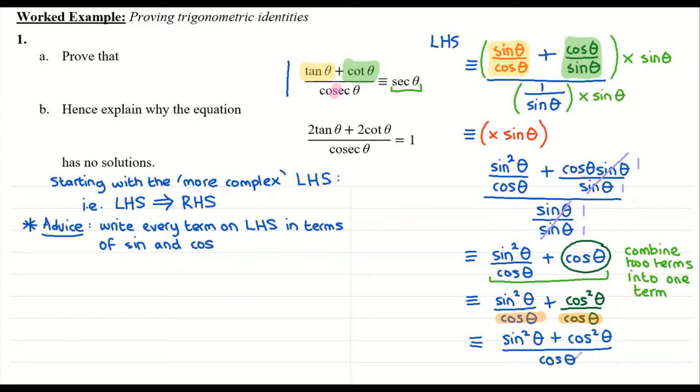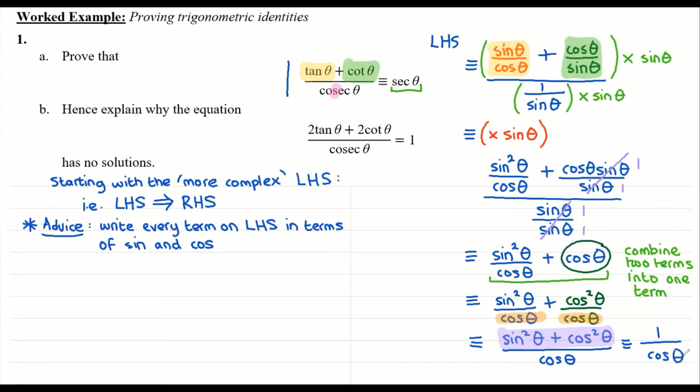We've got the single fraction. The numerator looks awful, but if you know your identities, this is actually great news. So we've now got a numerator sine squared plus cos squared. What does that remind you of? Well, if you go back to your known facts, it's the famous identity from last year. This is just identical to 1. So I can simply replace this now with 1 over cos theta.